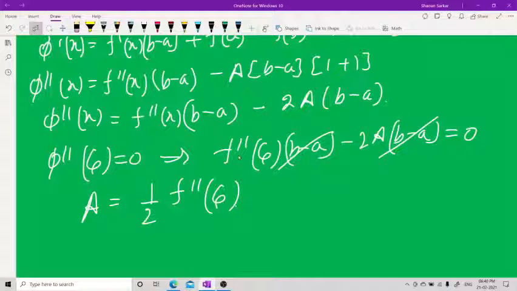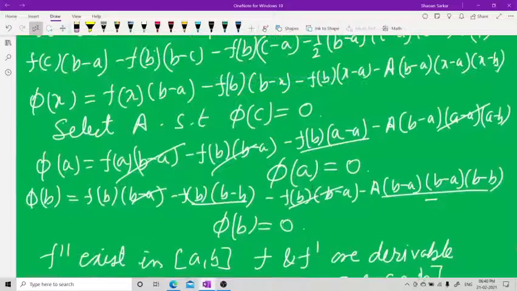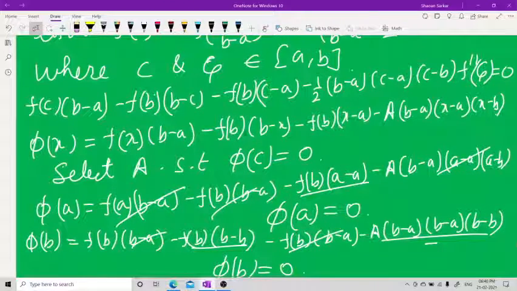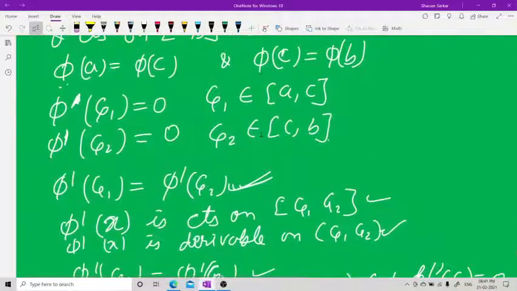Now from this condition we have obtained A. Just put the value of A in the equation of phi x.